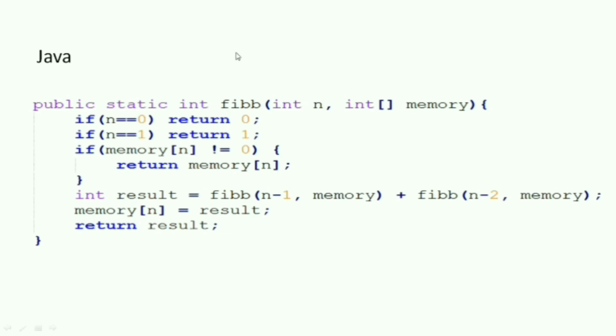If our base conditions don't match, we check whether we have solved the subproblem previously or not, that is, whether the nth index of the memory is empty or not. If it is not empty, we return that number without solving the problem. If that is not the case, we compute that Fibonacci number using our recurrence relation, save the number in our memory, and then return the result.